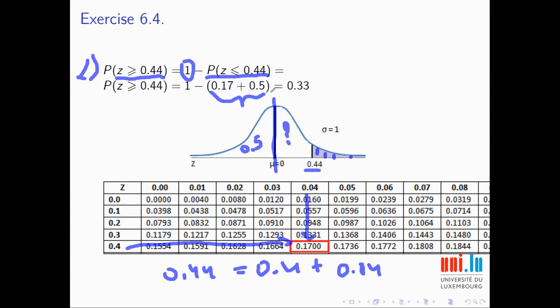And it's 67, and when we subtract it from 1, it's 33%. This means that the probability that our random variable lies in this tail is equal to 33%. And it was the second and the final step.